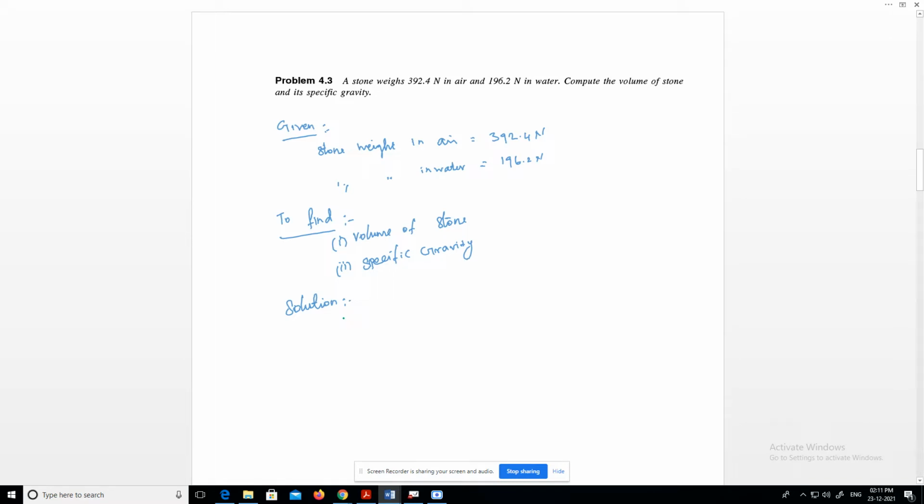The actual weight of a stone is the weight measured in air, right? In case of water, we have measured the stone weight in water. Due to buoyancy, the weight in water will be less. The weight will be reduced in water because of the buoyancy force offered there.